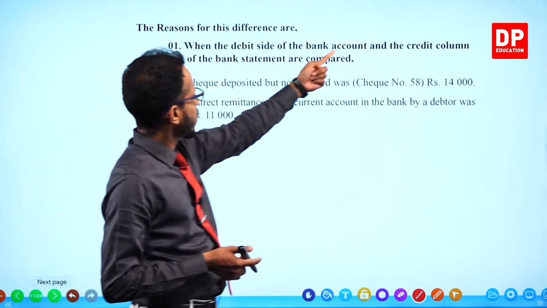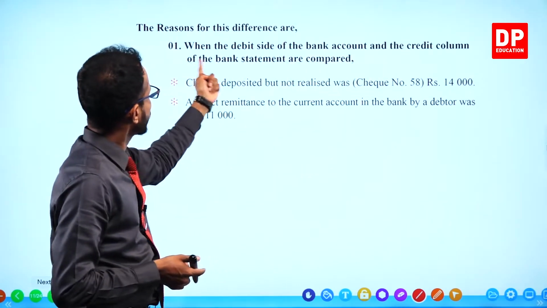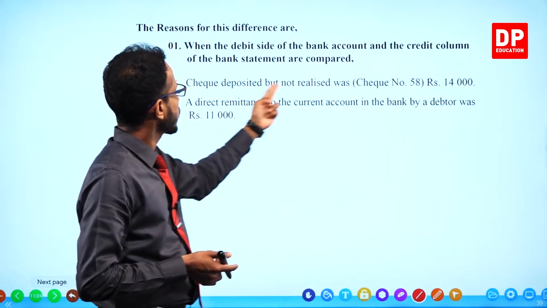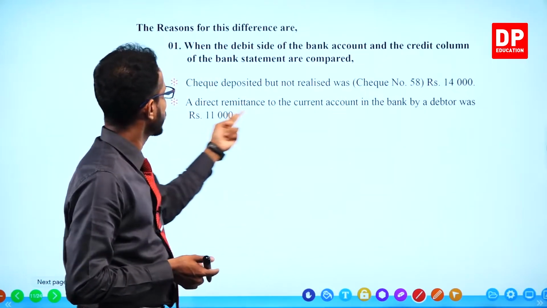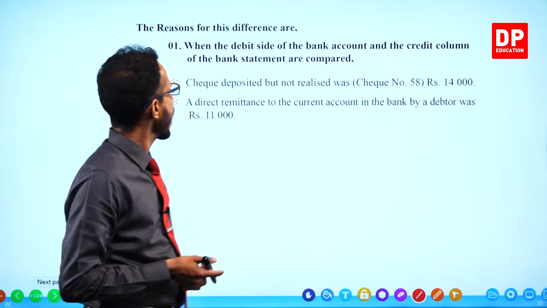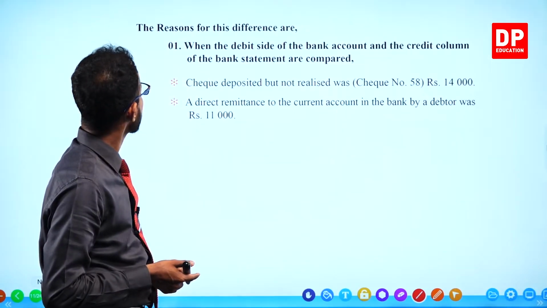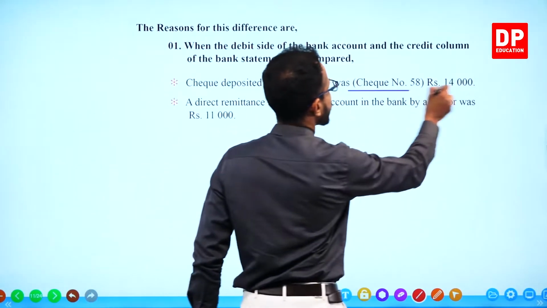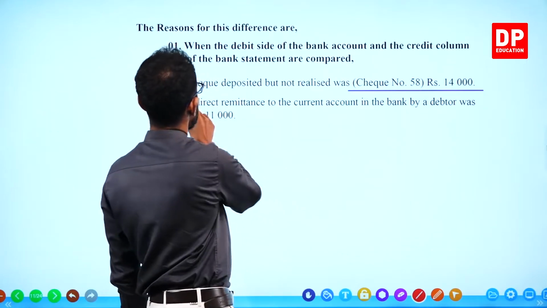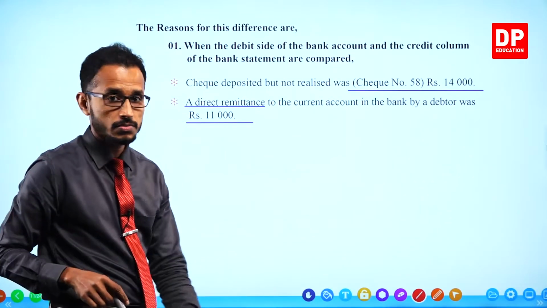When the debit side of the bank account and the credit side of the bank statement is compared, these items were found. This one and the direct remittance of 11,000.